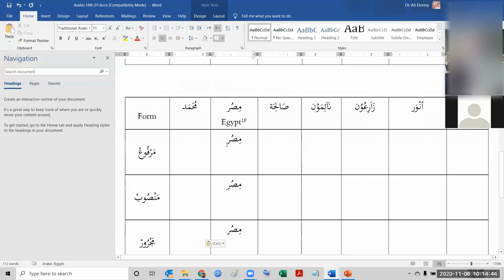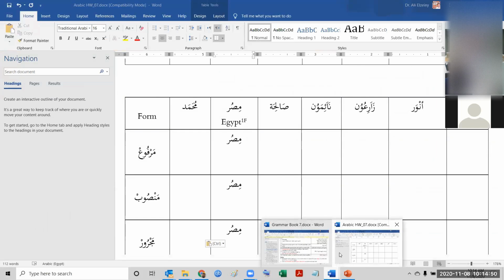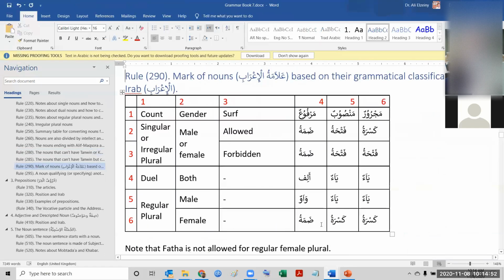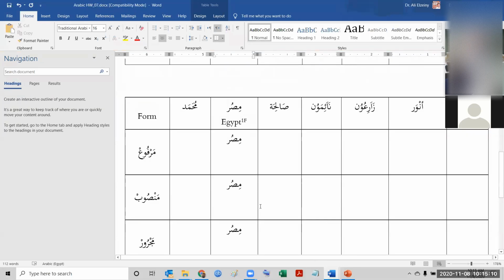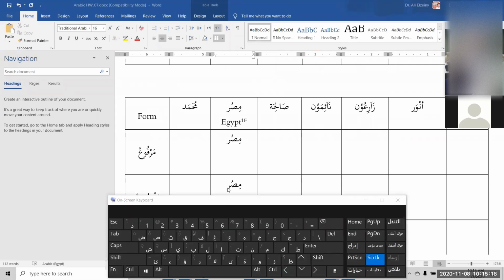Then we take this word here, here, and here. Because sarf is forbidden, according to rule 290, we look here. So marfu' is dhamma, mansub is fatha, majrur is fatha. Because sarf is not allowed, I cannot have tanween. So this becomes Misru.